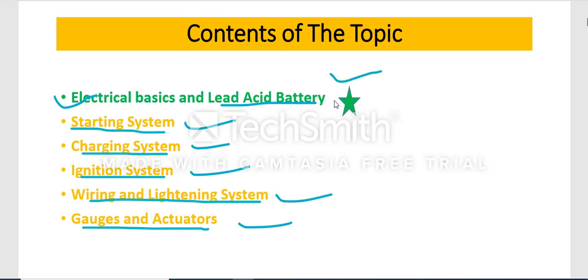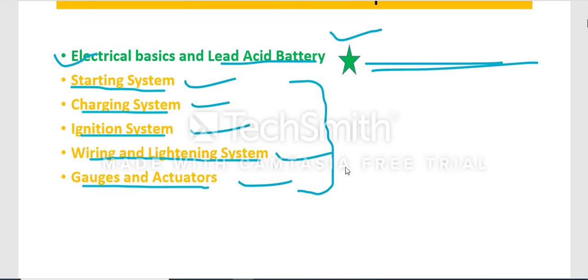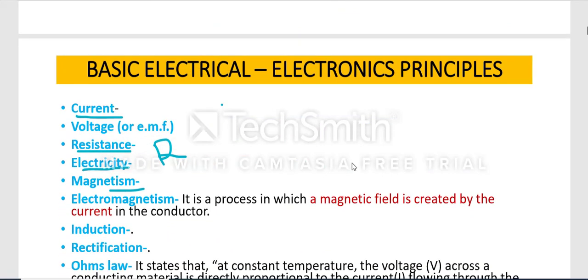All these points we are going to complete in today's session. Remember, only this part we are going to see in this session, and the remaining parts we will see later. Let us begin with the first part.